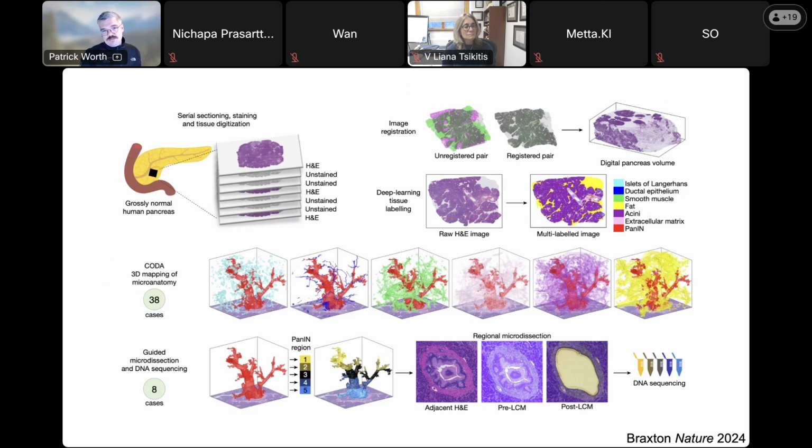And they sequenced through 38 primary pancreatic specimens. And these were non-tumor specimens, adjacent normal tissue, looking at the characteristics of the tumor-adjacent PanIN lesions.